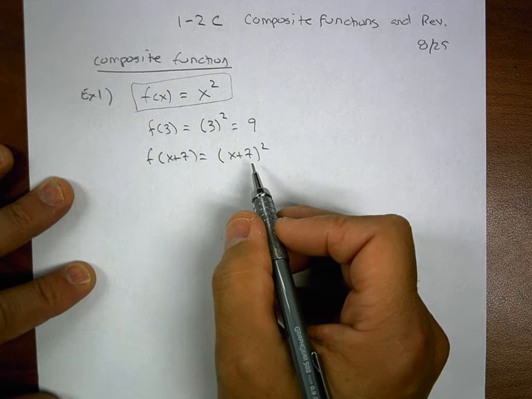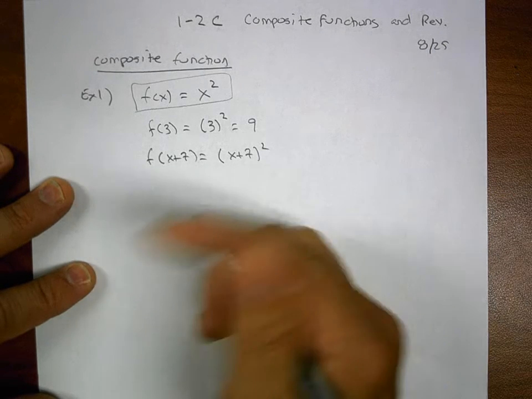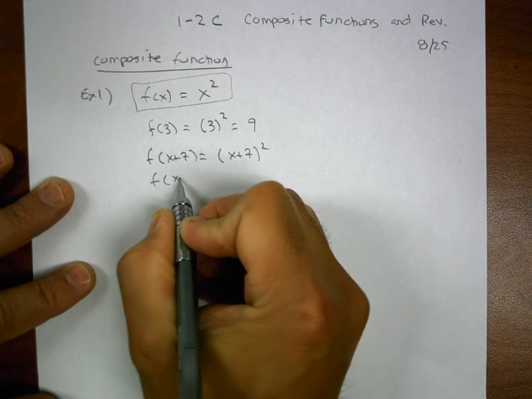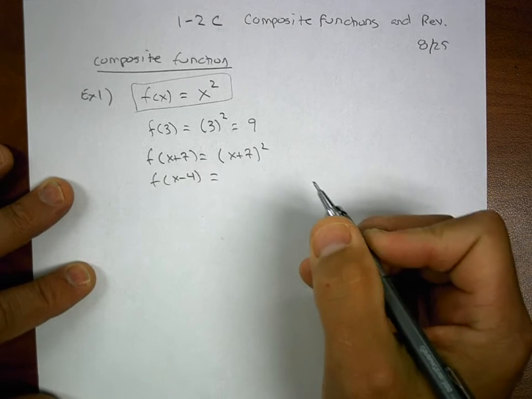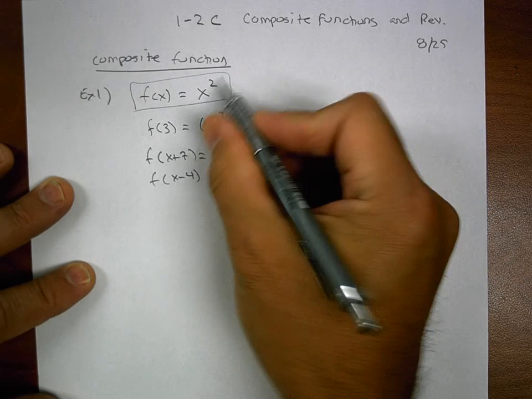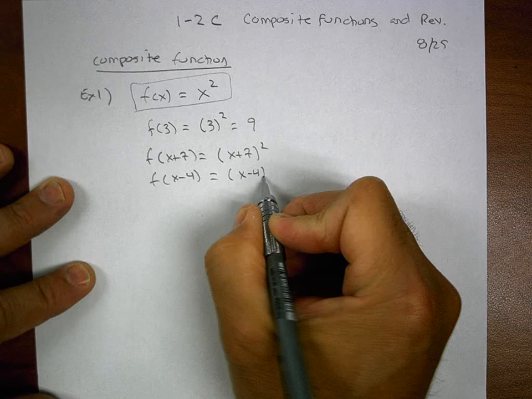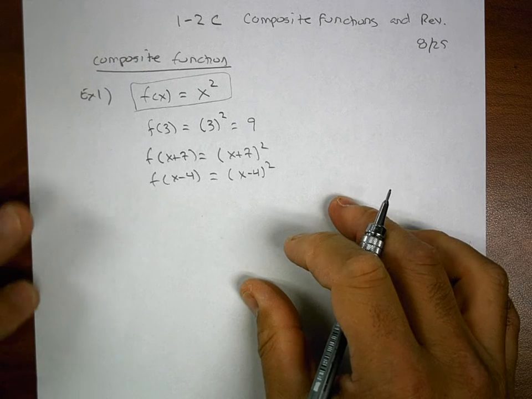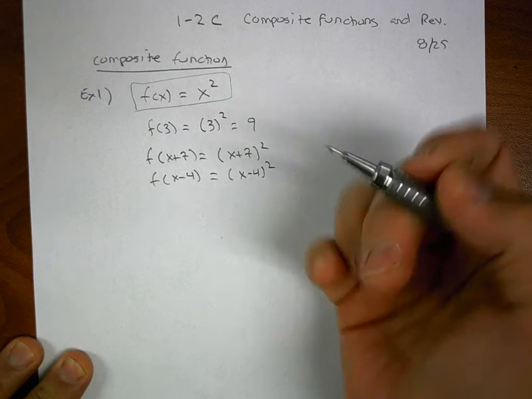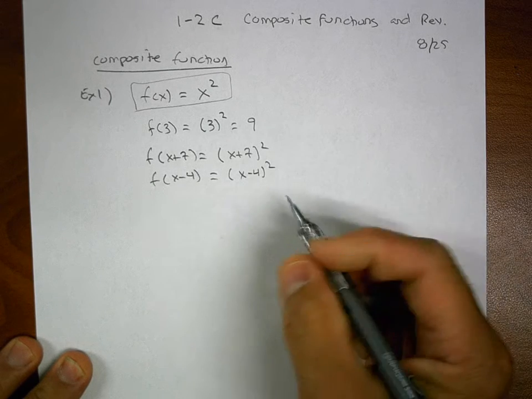We'll leave it like that; we're not going to FOIL it. If I said f of x minus 4, real easy: wherever you see an x, put x minus 4, so x minus 4 squared. As far as the notation of a function, just plug it in. Wherever you see an x, plug it in.